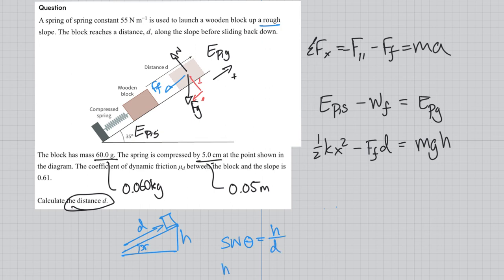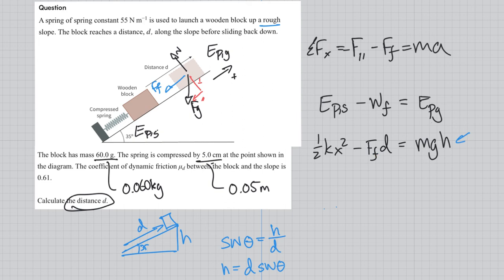So h is simply going to be d sine theta. So I can plug that in to there, right? Everything else we know, k, x, we're trying to solve for d, mg, we just replaced h with d as well. And really what we need is our force of friction.